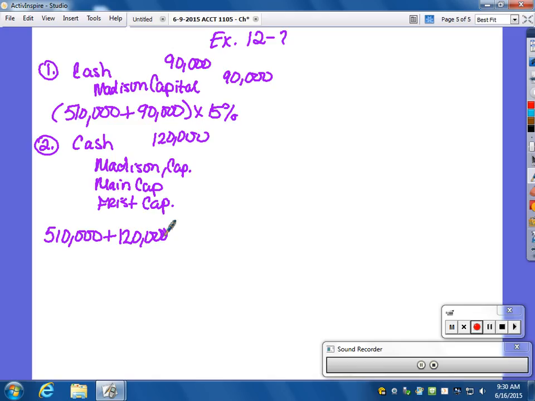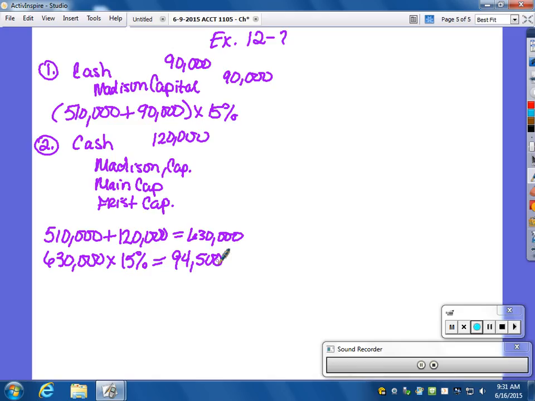How much does this equal? 630,000. Now this is the new equity amount. What do you do with this 630,000 at that point? Times 15%.